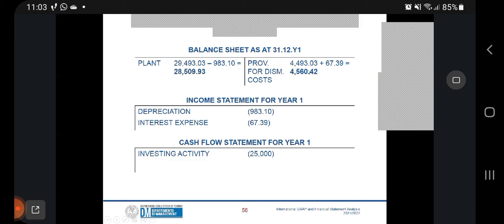The final value of the provision at the 31st December year 1 is equal to the present value computed at the power of 14. And moreover, the income statement will be affected by the first depreciation charge, and then the interest expense computed before.